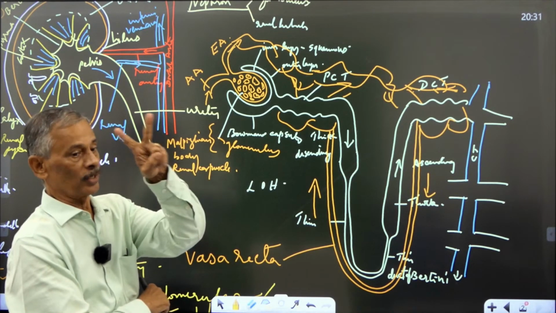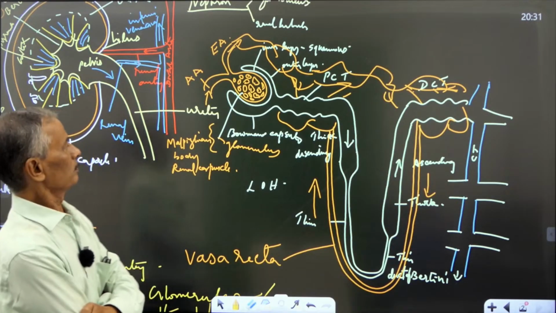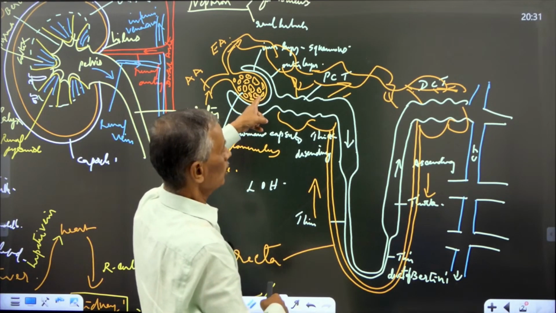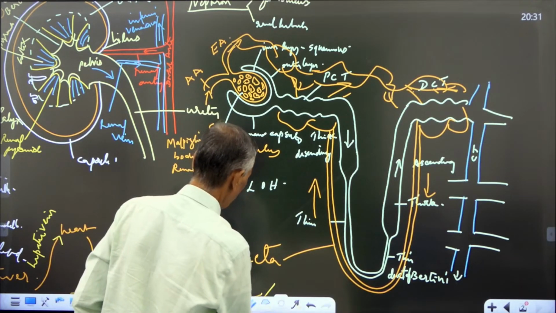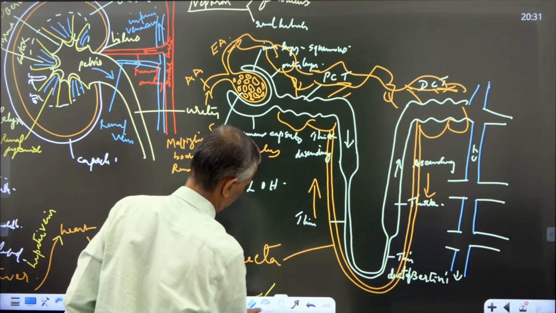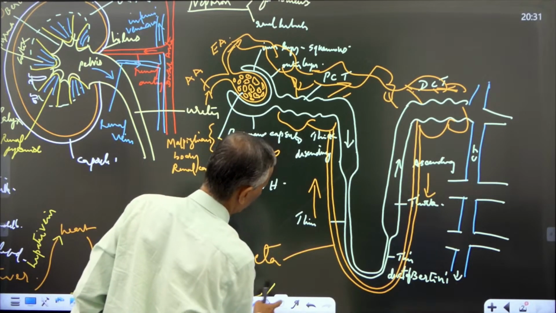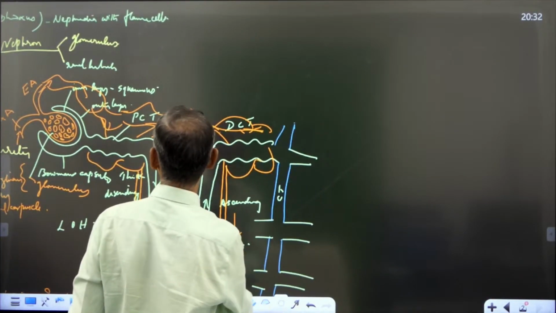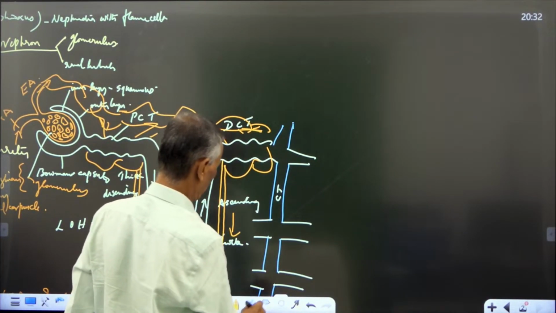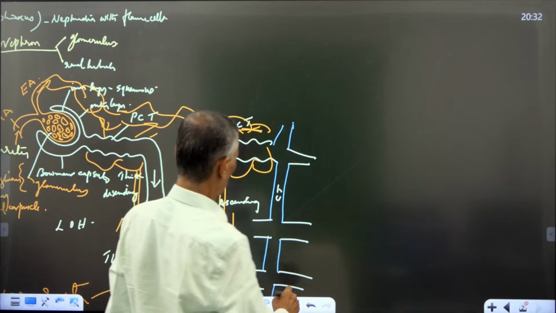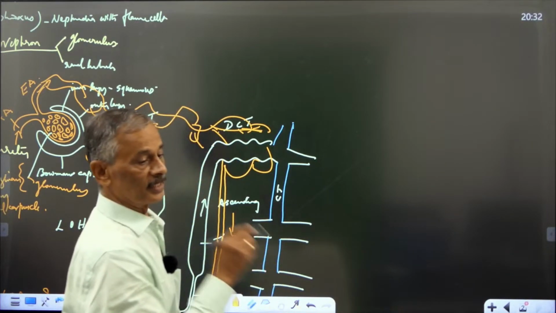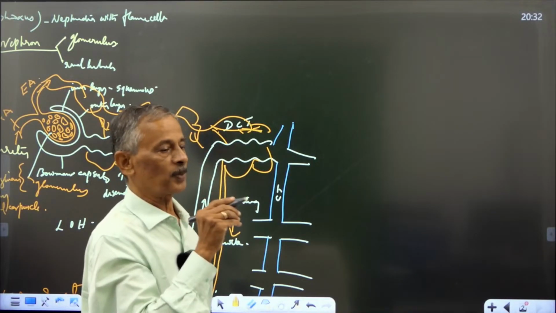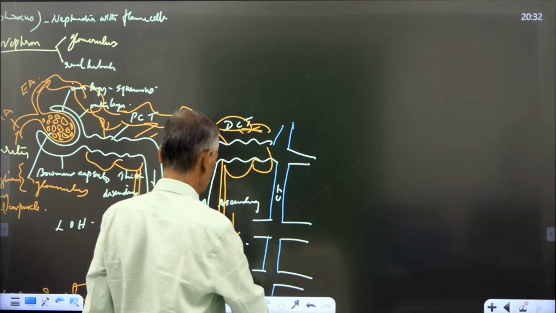There are two conditions. One, blood is flowing through the glomerulus under high pressure, because glomerulus is a small capillary. Blood is passing through that under high pressure. So the pressure inside the glomerulus is double than that of the blood pressure present in any other capillary.